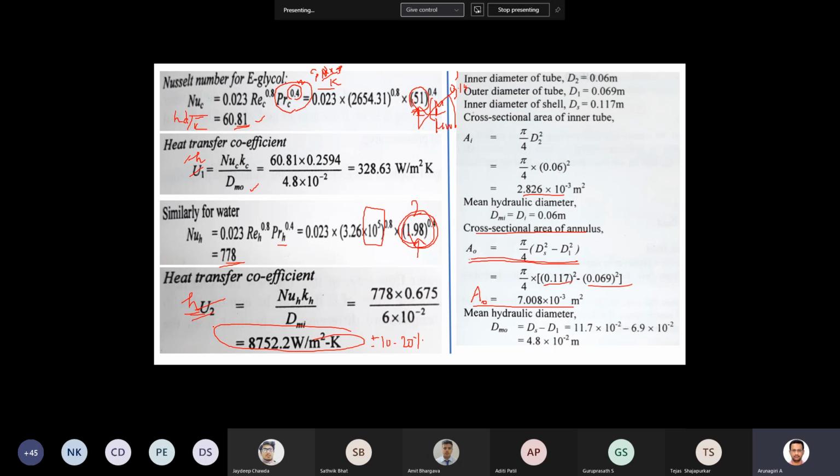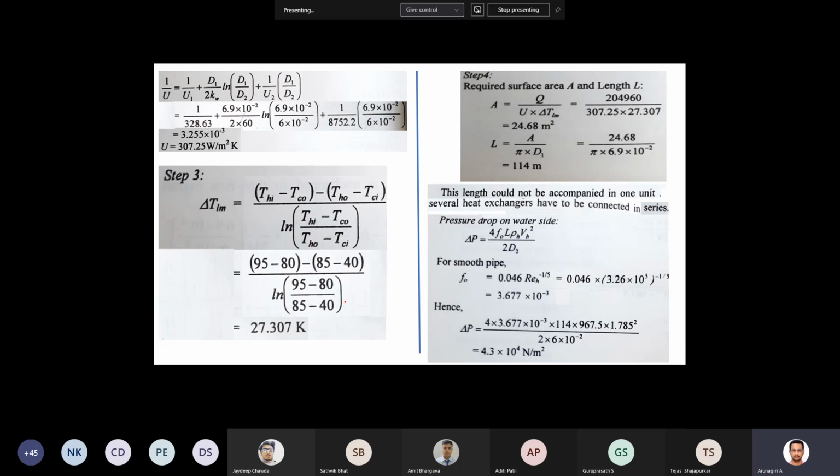So the h you can calculate. Now you have to calculate the overall heat transfer coefficient. So 1 by U is equal to 1 by h1, plus 1 by h2, with area correction factor. Then you have the conductive resistance of the wall.